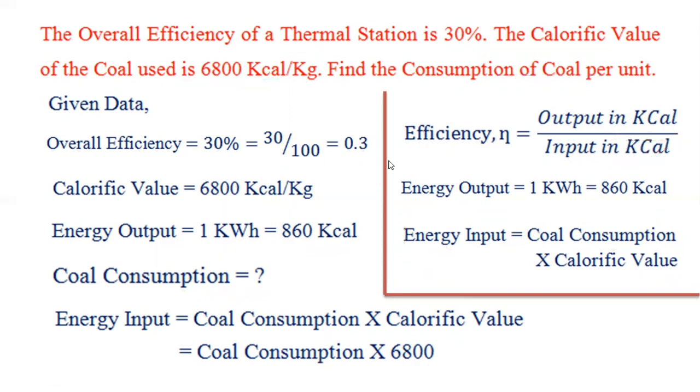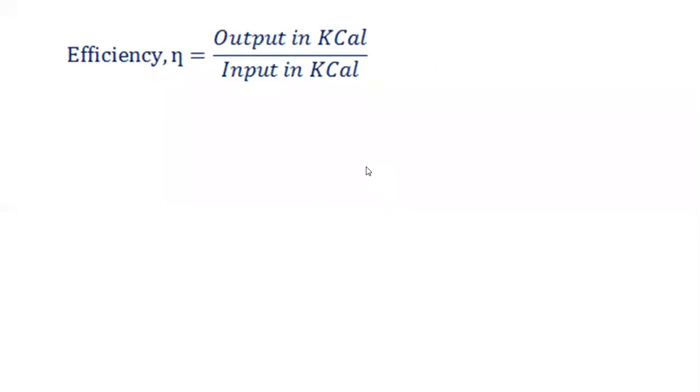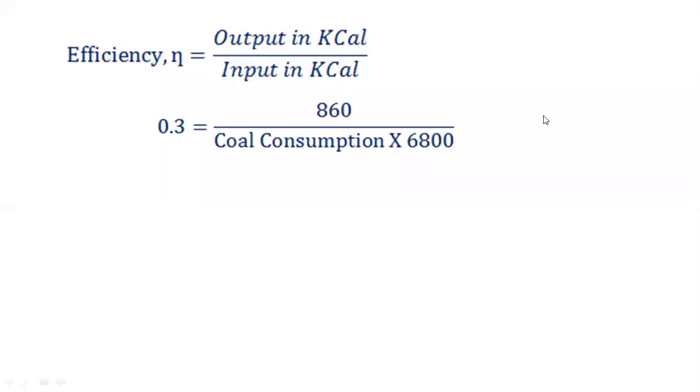The efficiency equals output in kilocalorie divided by input in kilocalorie. The output in kilocalorie is 860. The input in kilocalorie is the coal consumption times the calorific value, that is 6,800.